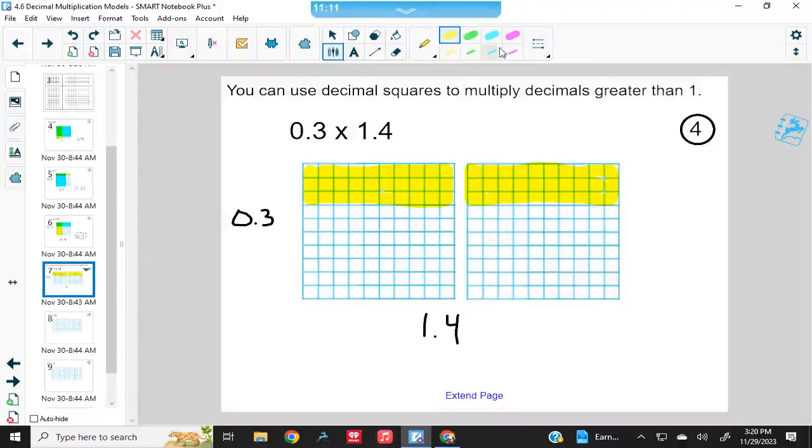Now I have 1 and 4/10. This first one, because I have 1, I'm going to color the entire box in because it is a whole. So I'm going to color it all in.